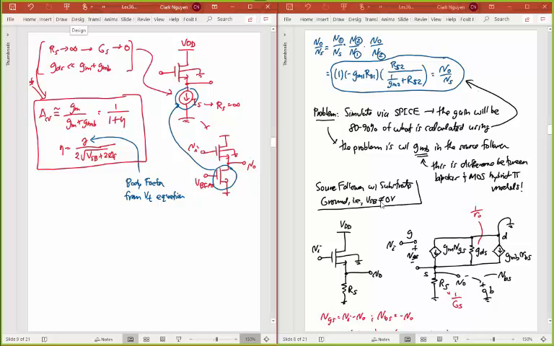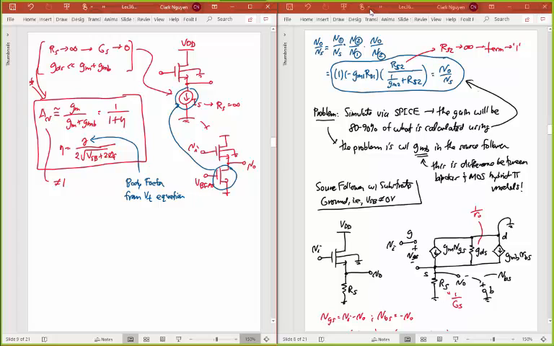So let me just come out here and write that on this side here. If I made RS infinite, this term goes to 1. Okay, but if you notice down here, this term right here, this gain, that's not equal to 1, no matter what you do with RS. Okay, you cannot get that to 1.